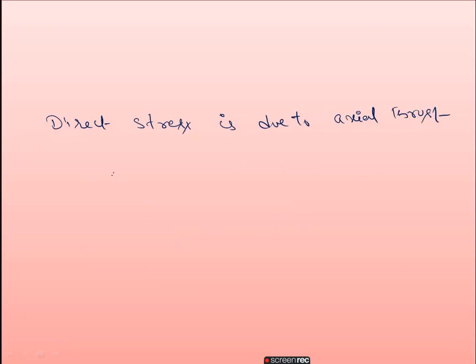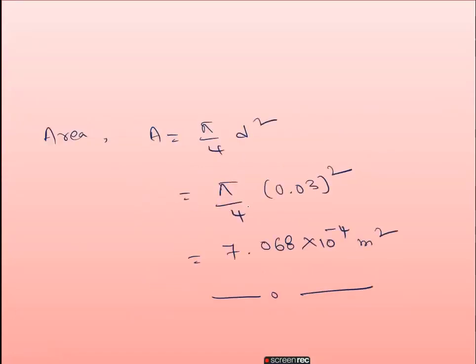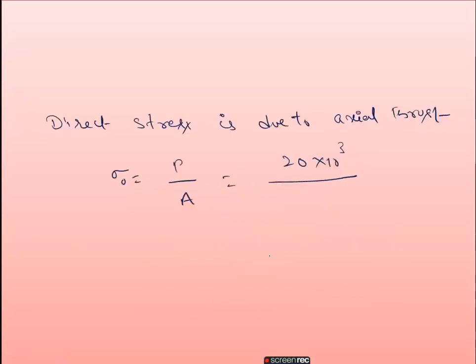That is sigma naught equal to P by A. The load P, the axial thrust, is 20 into 10 power 3, divided by the area we just calculated, 7.068 into 10 power minus 4.